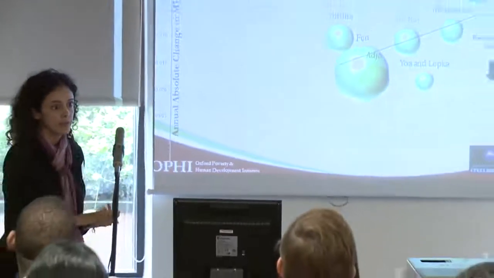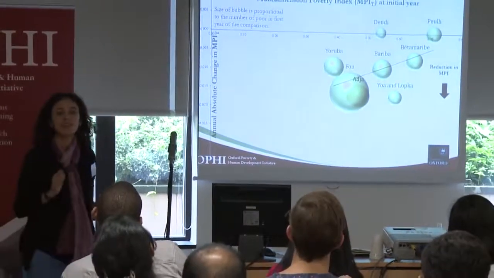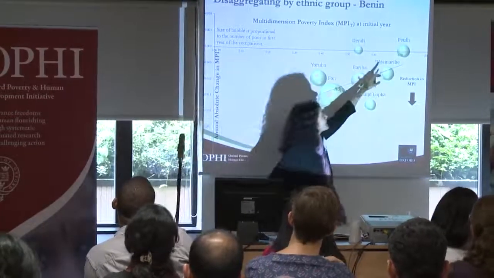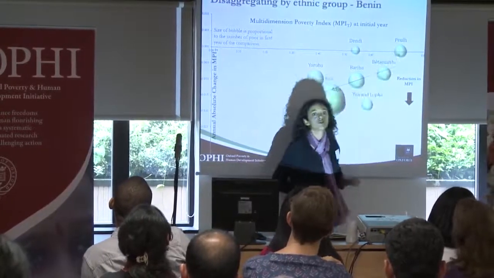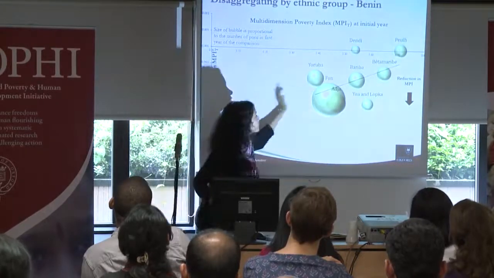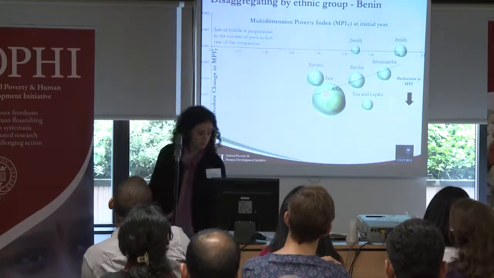This is Benin, and the size of the bubble is the percentage of poor in that group. In Benin we see something that is not a nice picture. The poorest ethnic group has not reduced poverty, so the biggest reductions in poverty were in the groups that were less poor.